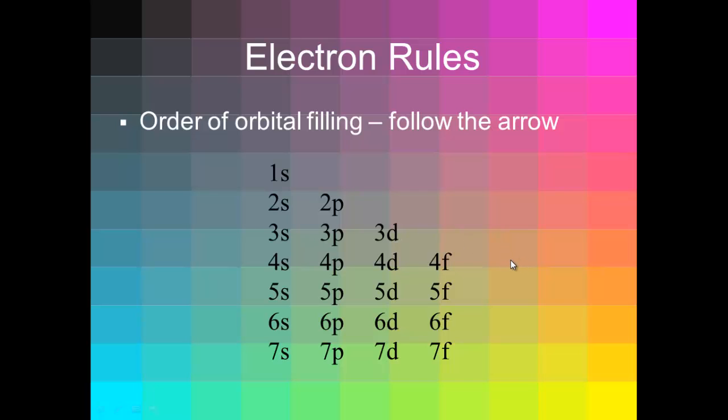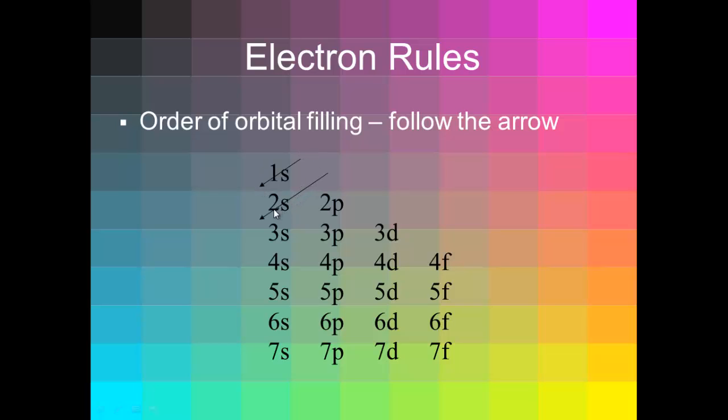And then you determine which orbitals fill first by following the arrows that are going to come up on the screen. We know that the closest energy level to the nucleus will fill first. That's the 1s. And as we follow that arrow, it's almost like we cross it off the list. That one fills first.